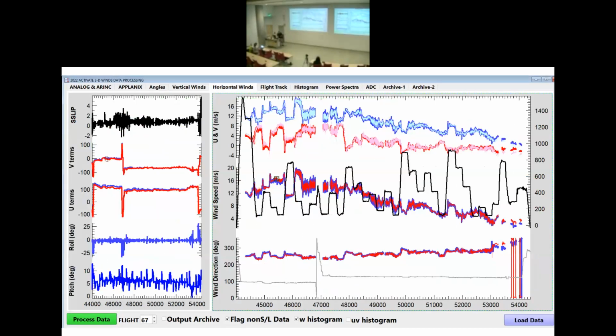Same thing for the horizontal. You can estimate the horizontal winds to first order using the heading, the ground track, the ground speed, and the true airspeed, and from that estimate the horizontal wind speed and direction. If you compare that, that's the red line here, and the blue is the full set of equations with everything. With all the corrections in, they match up extremely well; without the corrections, they would not line up nearly as well.